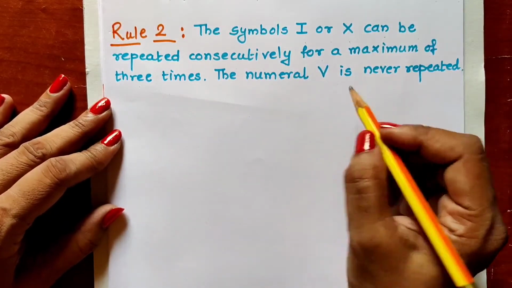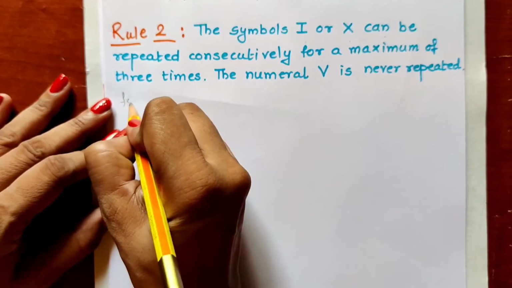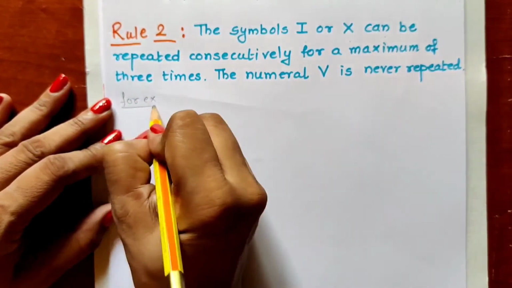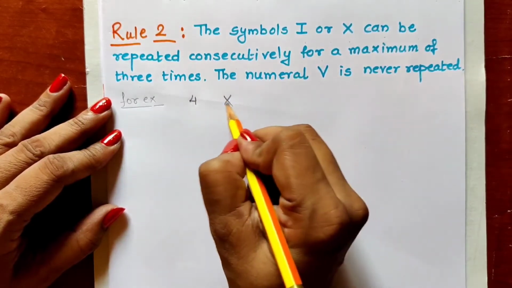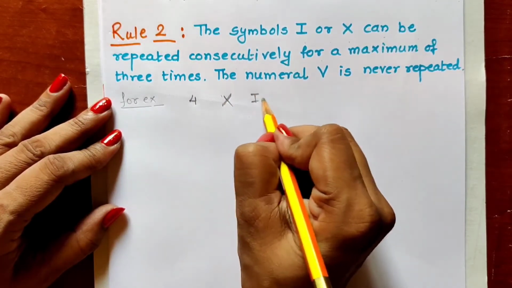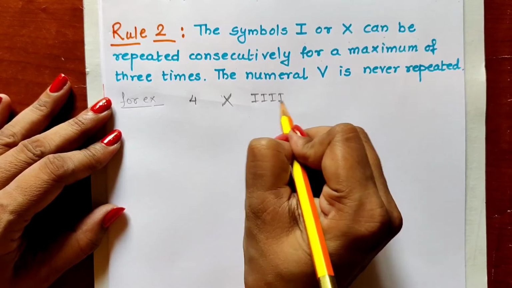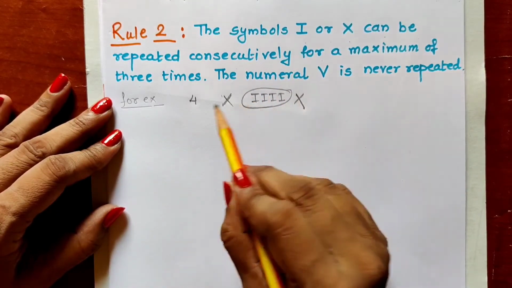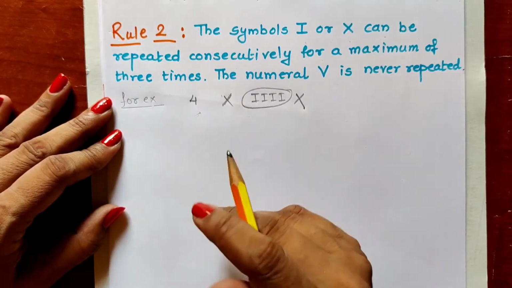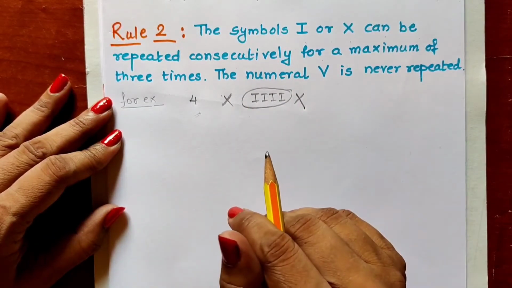For example, if I want to write 4, it is wrong if I write I 4 times. It is totally wrong. If I want to write 4, there are different rules of writing 4.